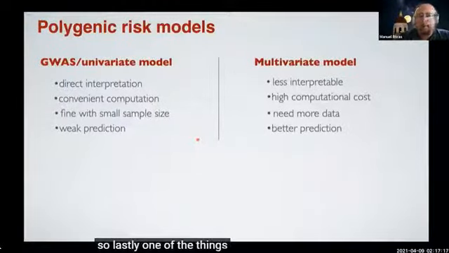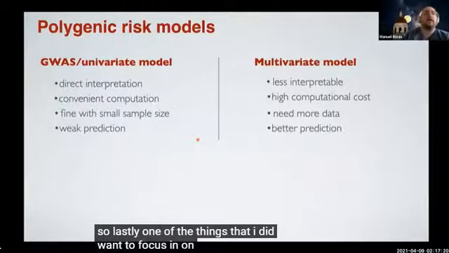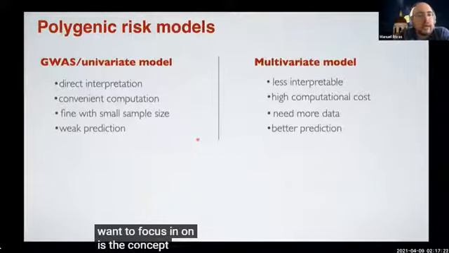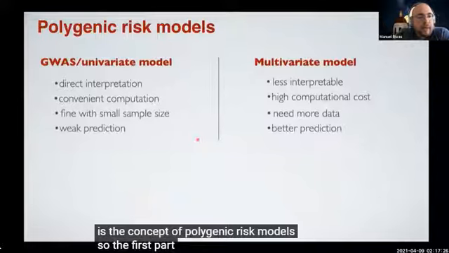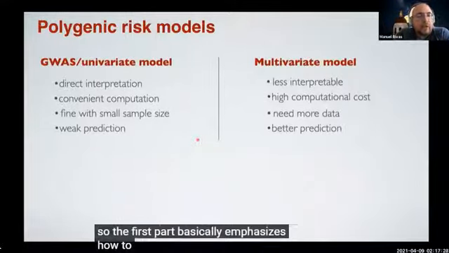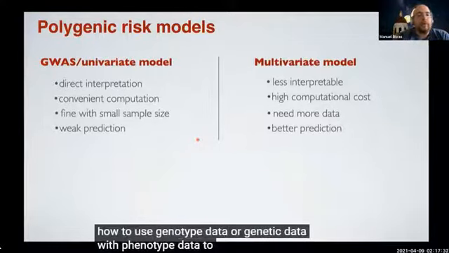So lastly, one of the things that I did want to focus in on is the concept of polygenic risk models. So the first part basically emphasizes how to use genotype data or genetic data with phenotype data to improve inference.